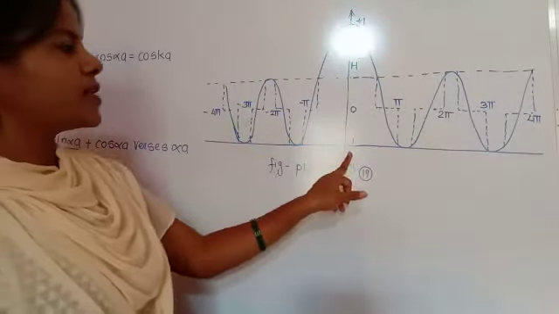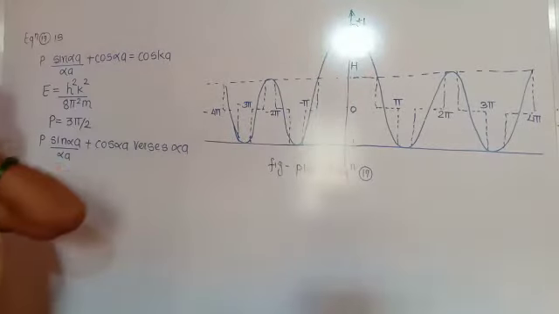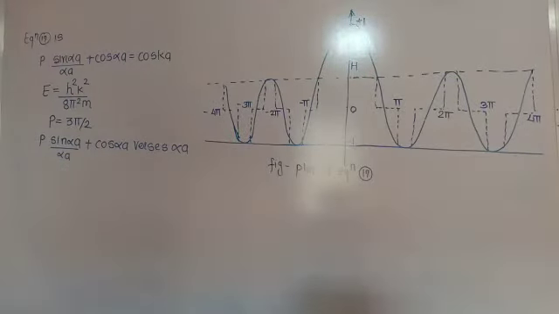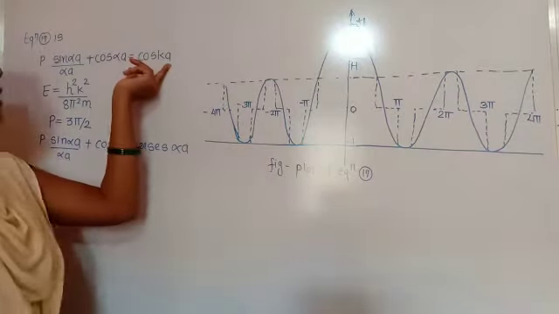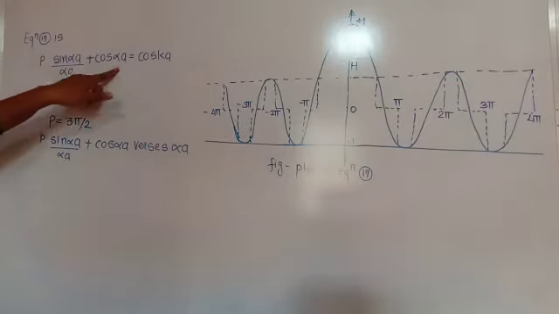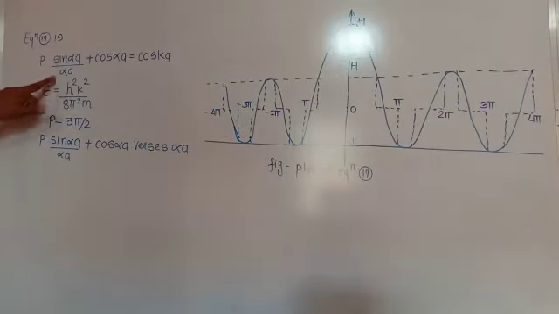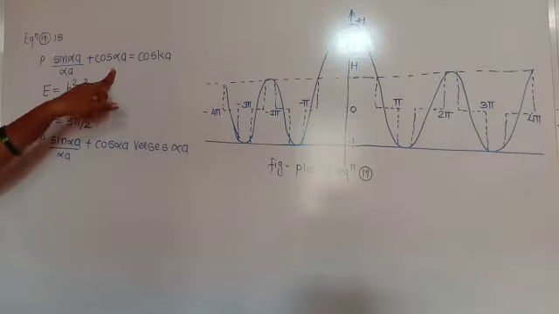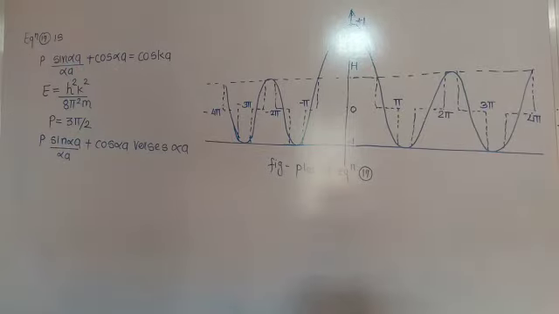So this is for minus 1 and this is for plus 1, because in the previous class we studied that the value of cos Ka lies between plus 1 and minus 1. So the left-hand side of this equation, P sin αa divided by αa plus cos αa, takes up only those values of αa for which its value lies between plus 1 and minus 1.